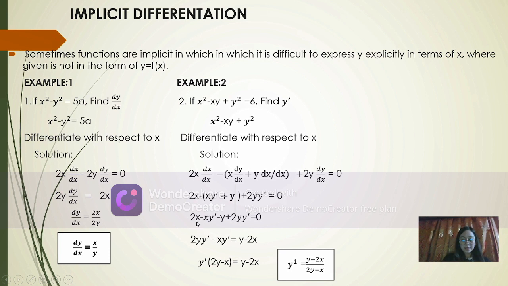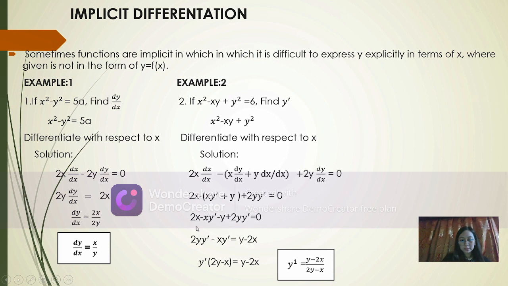Then, next tayo, simplify. 2x minus xy prime minus y plus 2y y prime is equal to 0. Then, etong 2y y prime na to, lalagay natin siya dito. Then, minus xy prime, ito yun, is equal to y minus 2x. Ito yung y. Then, rewrite natin siya dito.